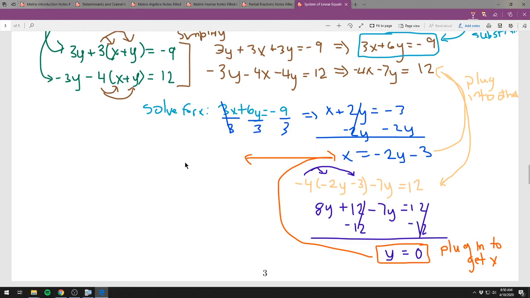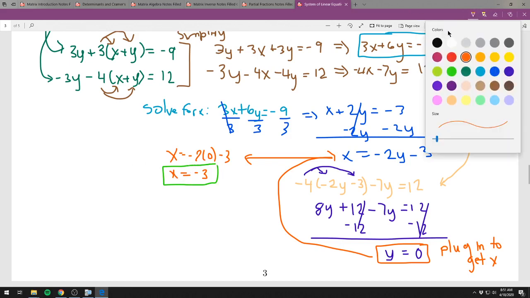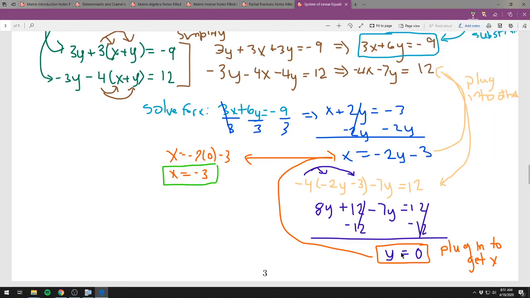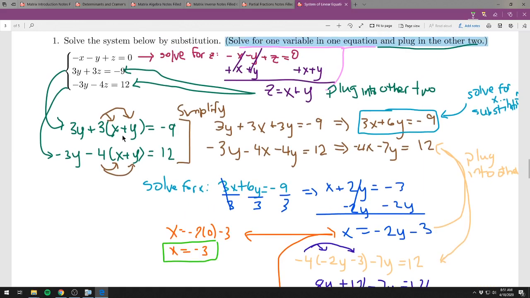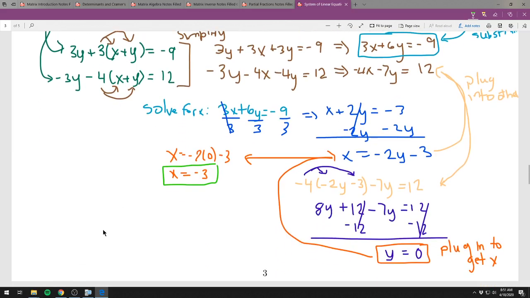Okay, so we plug in y equals 0 and we get x equals negative 2 times 0 minus 3. Multiplying by 0 does nothing. We get x equals negative 3. And that almost looks like a y. I'll fix that. Okay, but now we have y equals 0, x equals negative 3. Take that z equation you got at the beginning, z equals x plus y.